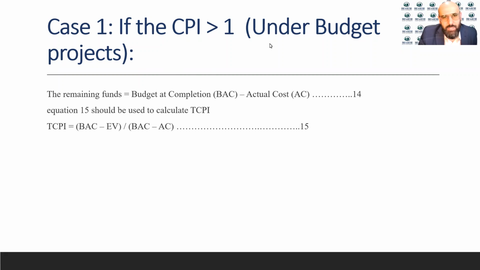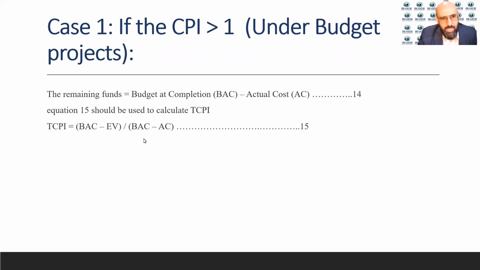If you have a CPI more than 1, that means you are under budget. So the remaining funds are equal to the BAC, the project budget, minus the actual cost. The TCPI is equal to the BAC minus the earned value divided by the BAC minus the actual cost.